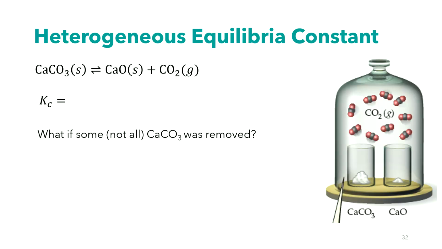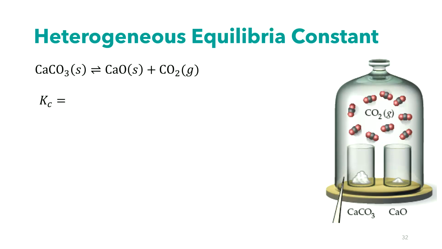Let me set up this bell jar for you. In this bell jar, I have some calcium carbonate, and I have some calcium oxide, and above that is some CO2. They are in equilibrium according to that reaction. So what is Kc for this reaction?